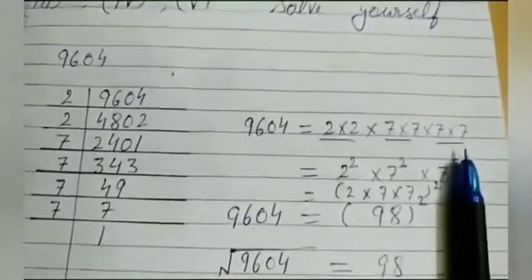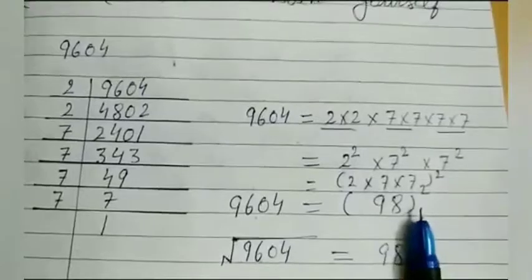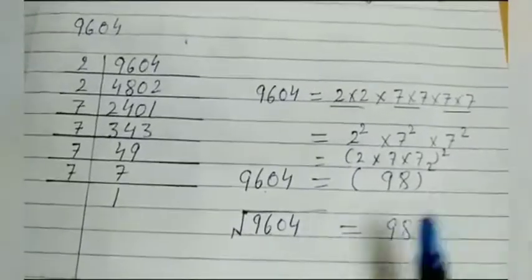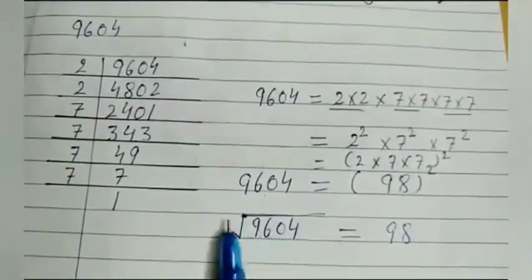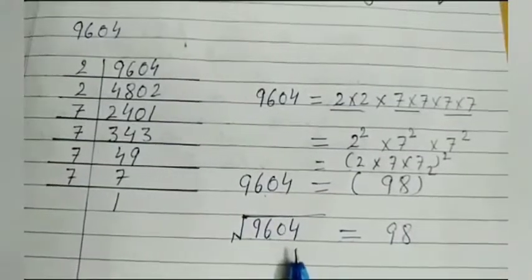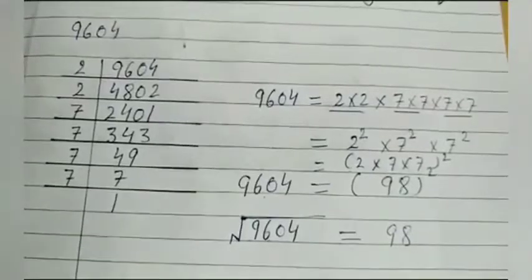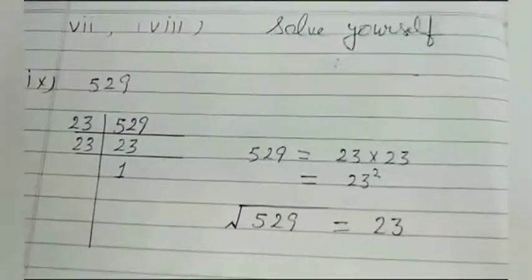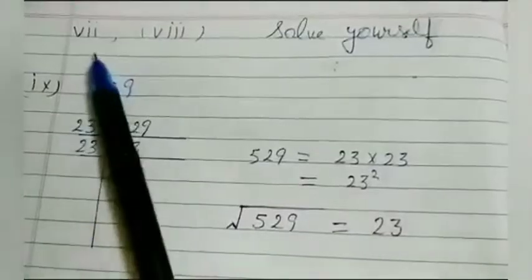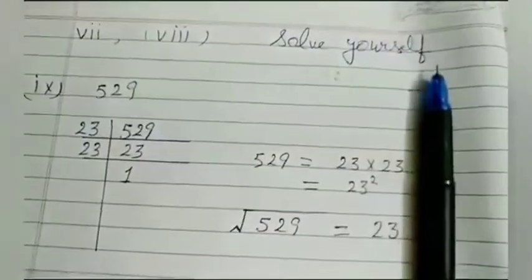And when we solve this, we get 98 square. In the last step, we write the square root of 9604 equals 98. Next parts, 7th and 8th, you can solve yourself.